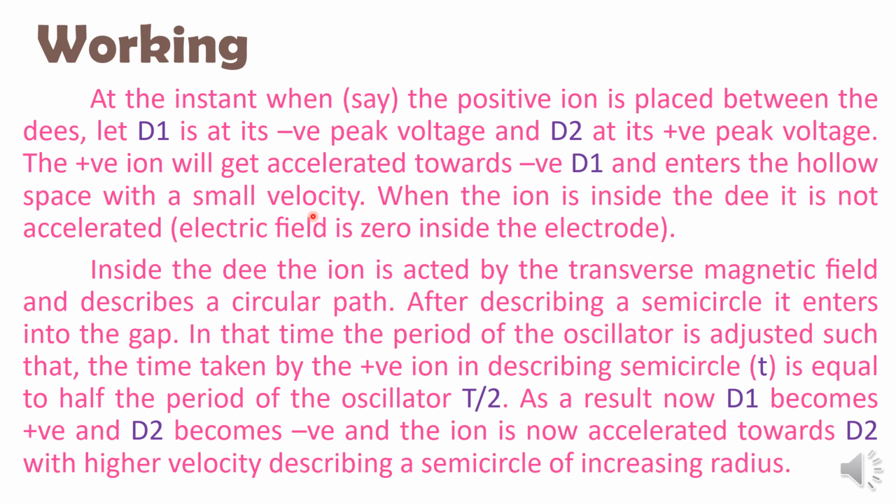Okay, when a charged particle is moving in a magnetic field, we know that it experiences the Lorentz force, and here the velocity and the magnetic field are mutually perpendicular to each other. Then the particle will describe a circular path.